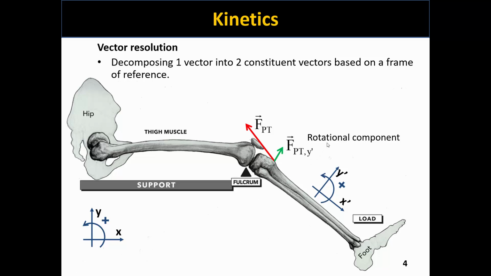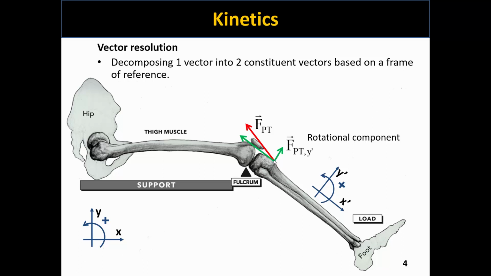We call this the rotational component, because when this part of F_PT is attempting to drag the tibia in the direction of that vector, of course the tibia doesn't move in a linear manner, it actually rotates because of the construction of the leg. But it's this smaller component of F_PT that will cause the rotation.